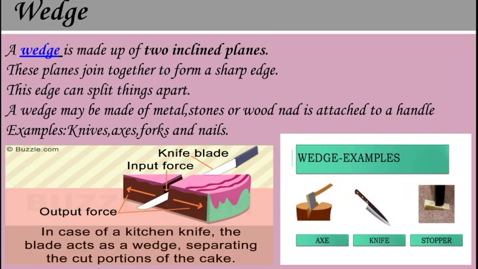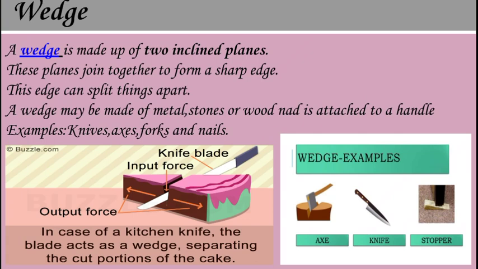Now we learn about the wedge. A wedge is made up of two inclined planes. These planes join together to form a sharp edge. This edge can split things apart. A wedge may be made of metal, stone, or wood, and is attached to a handle.